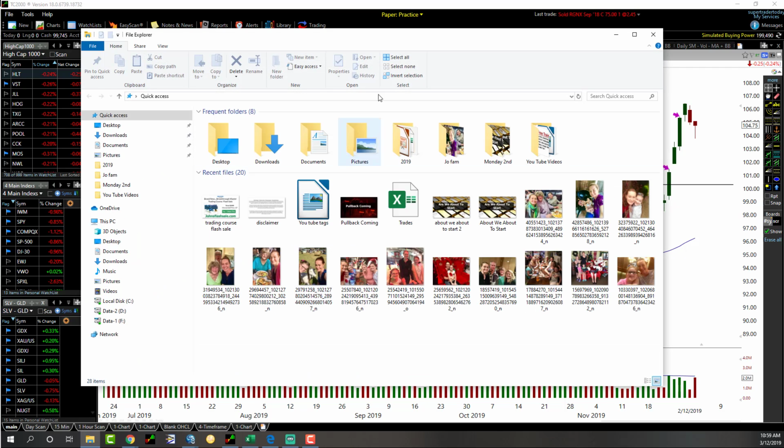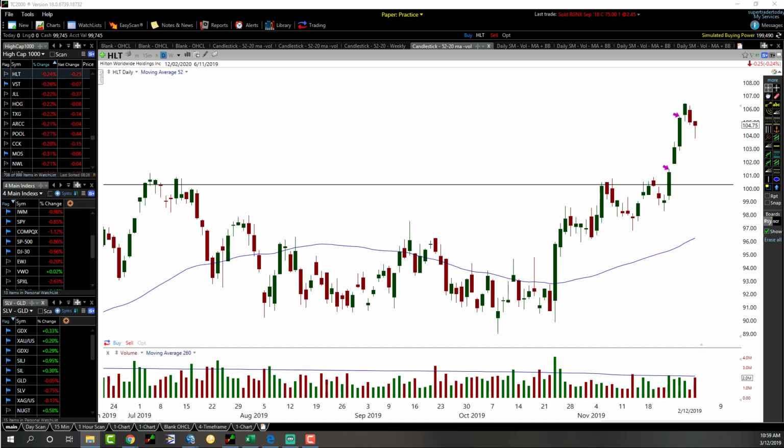Let me see if I can bring up some more through here. I'm just bringing up the folder where all my trades are placed.